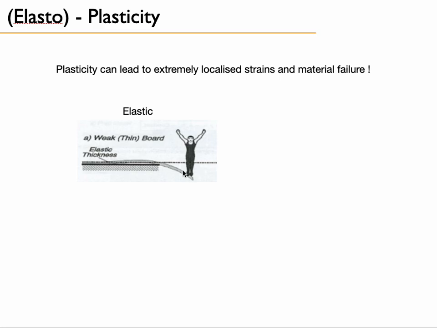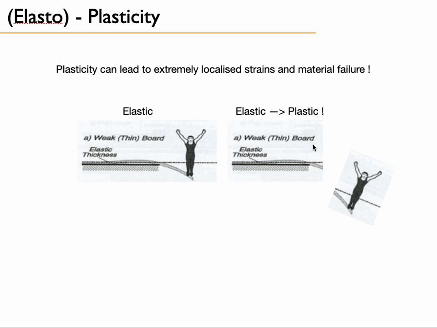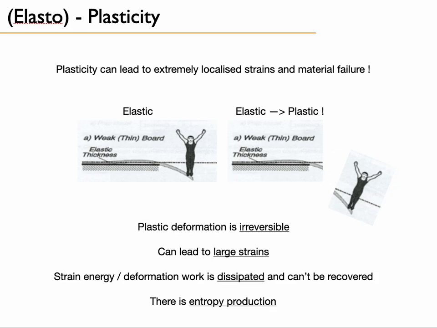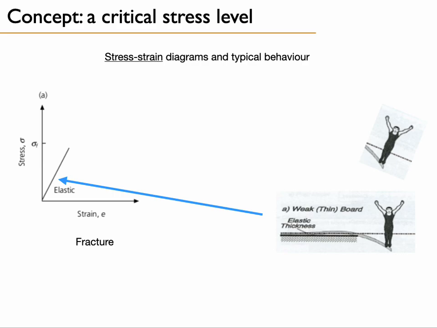If you jump, the board will deform, but if you jump too high and you exert too much stress on the board, it will break and you will fall. So the plastic deformation is an example of irreversible deformation. Once the board is broken, it cannot glue back. It can lead to large strain, and again, the deformation work is dissipated during plastic deformation, and entropy is produced.